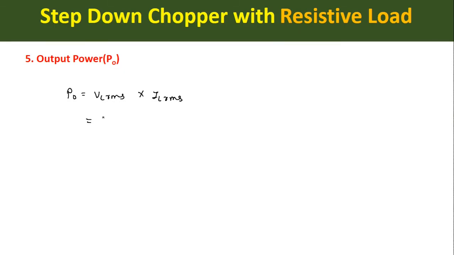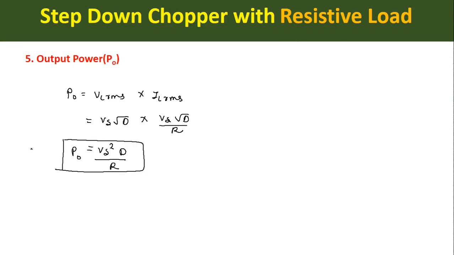So here we got VL RMS is equal to Vs into root D and IL RMS is equal to Vs into root D divided by R. So from here we will get Vs square into D divided by R. So the output power for the step down chopper is equal to Vs square into D divided by R. If we consider the chopper to be lossless, in this condition input power will be equal to output power is equal to Vs square into D divided by R. Let this be equation number 1.